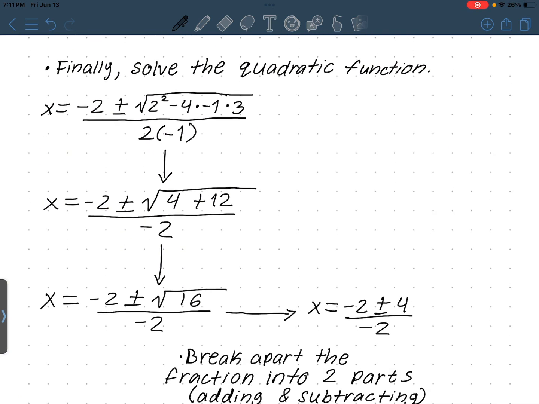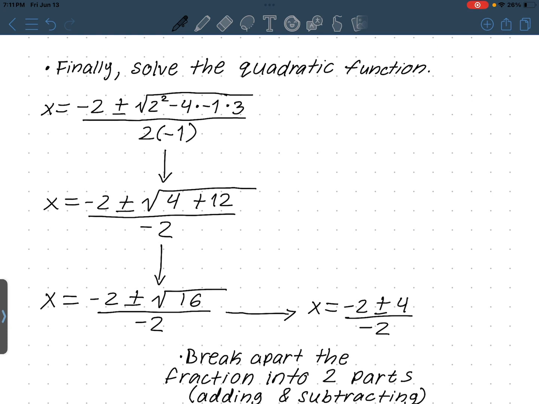So the first part here would be x equals negative 2 plus or minus the square root of 2 to the power of 2 minus 4 times 1, negative 1, times 3, all divided by 2 times negative 1. Now we move on to the next one. Negative 2 plus or minus the square root of 4 plus 12.